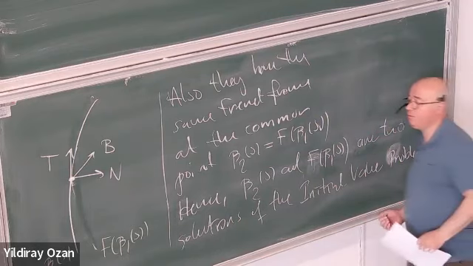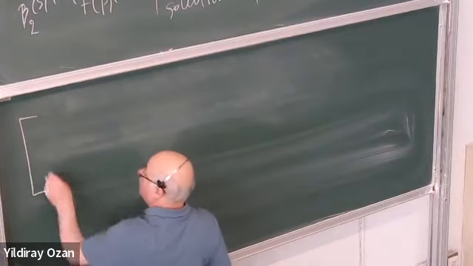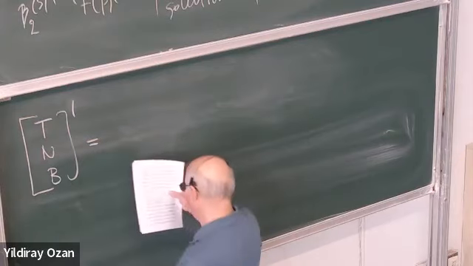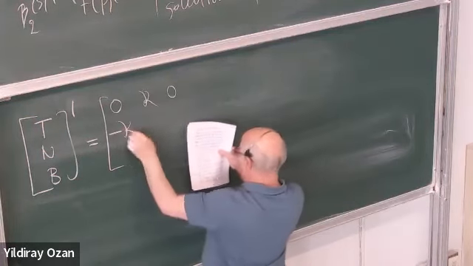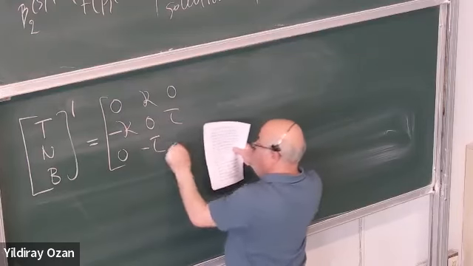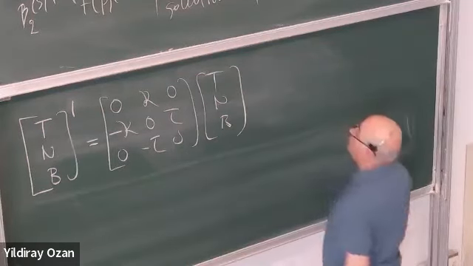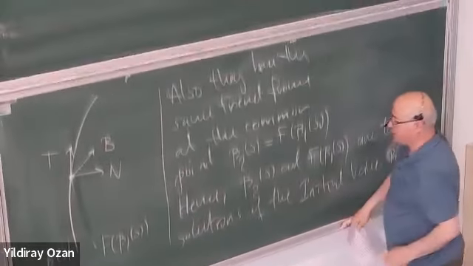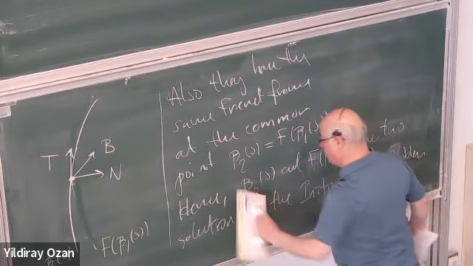Which initial value problem? This one. T, N, B prime equals the matrix with rows 0, kappa, 0; minus kappa, 0, tau; 0, minus tau, 0, times T, N, B. Well, actually, I should say not beta 2 and F of beta 1, but I should be careful. The triple.